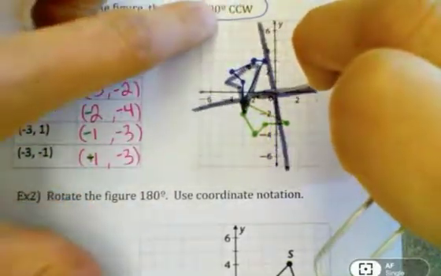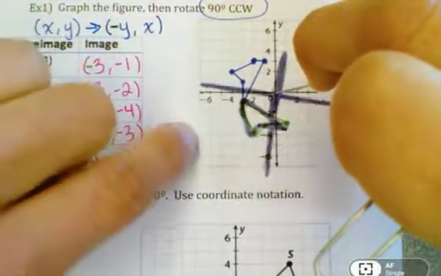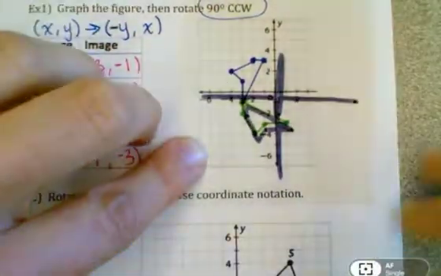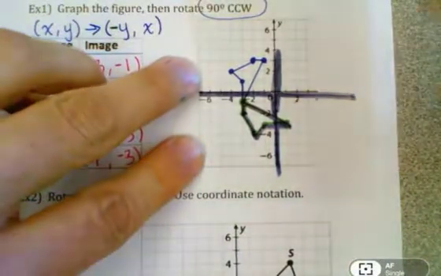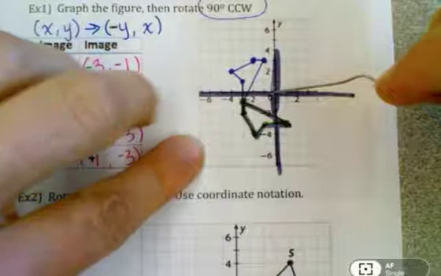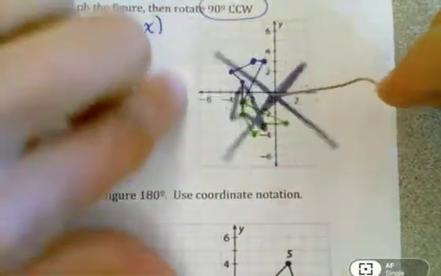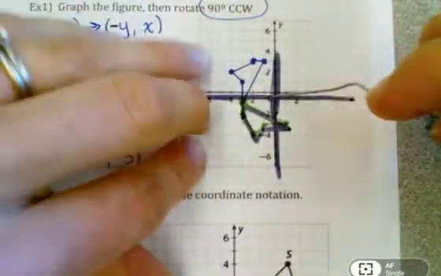So here we go, 90 degrees, bam, perfect. Okay, so that's how we know that the rotation is correct. And it's not fair because you probably don't have transparency film, but I'll be able to give you some in class if you want it.